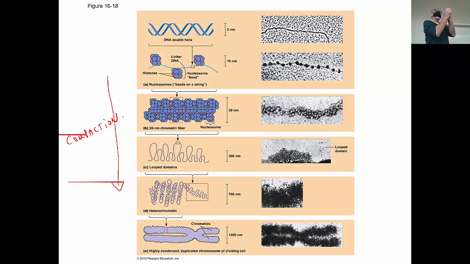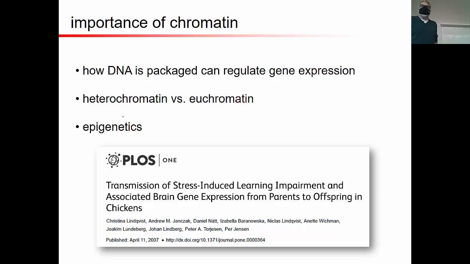They can't do that if it's all balled up. Okay, so it has to be decompacted in order for proteins to access it. And once the proteins access it, we can get replication or transcription or whatever it may be. And so what this means is that how we package DNA can regulate gene expression.